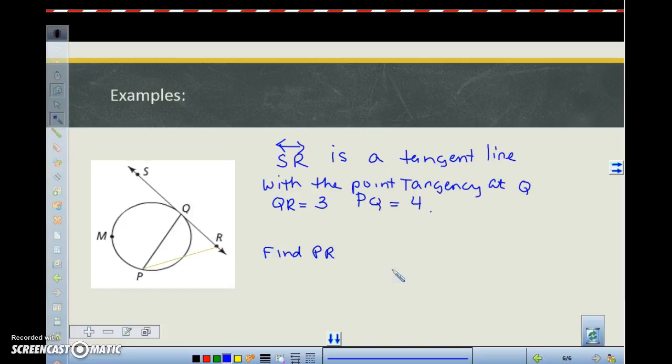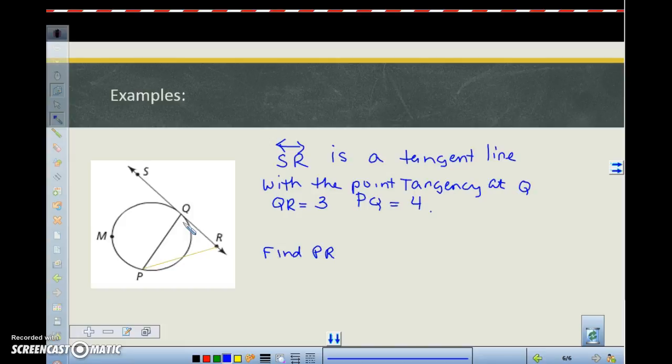If line SR is a tangent line, and Q is a point of tangency, what measure is angle Q? What is angle Q? Look at your definition of tangent.